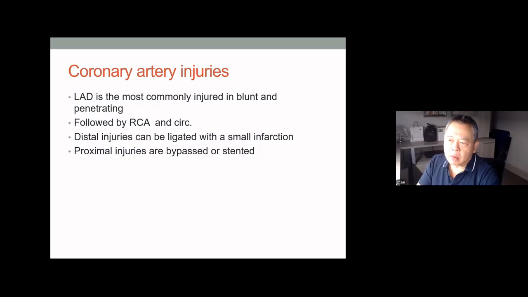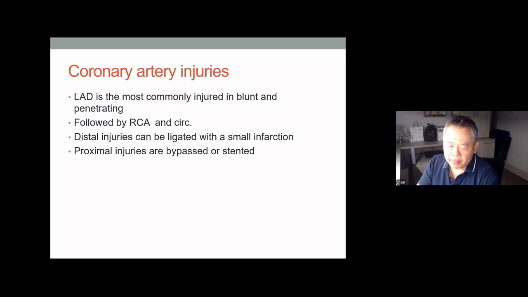Now, remember, injuries to the distal third of the heart's vessels can be ligated with a small infarction, and that's acceptable. Not all people will tolerate it, but in case of a trauma, if you see that it's actually the distal third, instead of trying to repair it, first of all, it's almost impossible in a trauma situation.